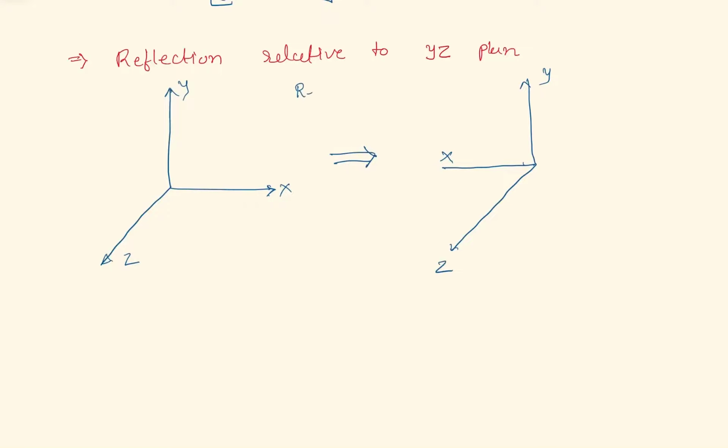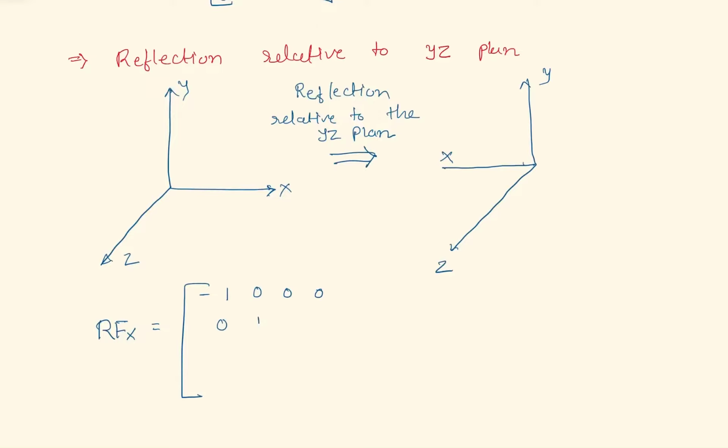So this is the figure of reflection relative to the YZ plane. And the matrix for the YZ plane, that is reflection of x, is minus 1 0 0 0, 0 1 0 0, 0 0 1 0, and 0 0 0 1, right? So this way we can do reflection in 3-dimensional transformation.